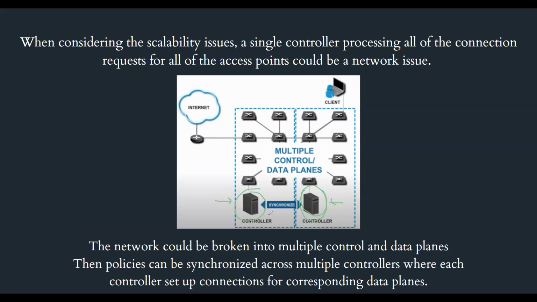Apart from that, each of these controllers can also communicate with each other, and they can synchronize their information. By that, they can understand the total network topology that is under consideration. So if a certain client wants to communicate with a certain destination node, the source node can go through the switches of one control plane to another plane.